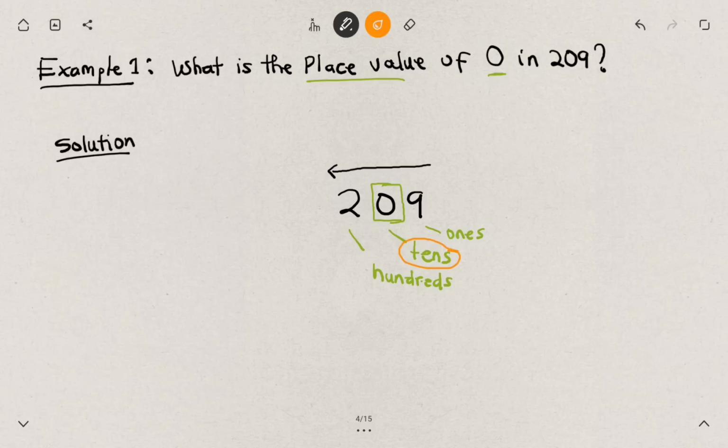So you can write the answer: the place value of 0 in 209 is tens. Okay, and that is your correct answer.